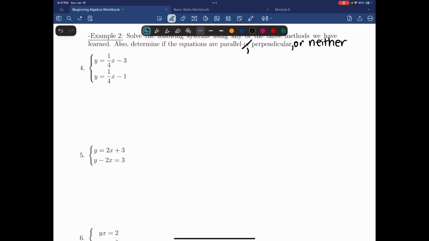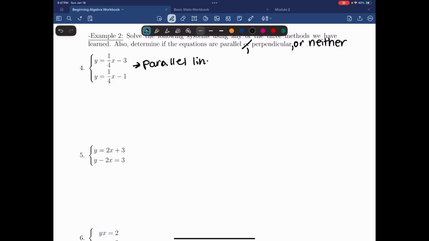Just by looking at this system of equations, I can tell right away that it has no solution, because we have the same slope and a different y-intercept. So I can tell automatically that our lines are parallel.